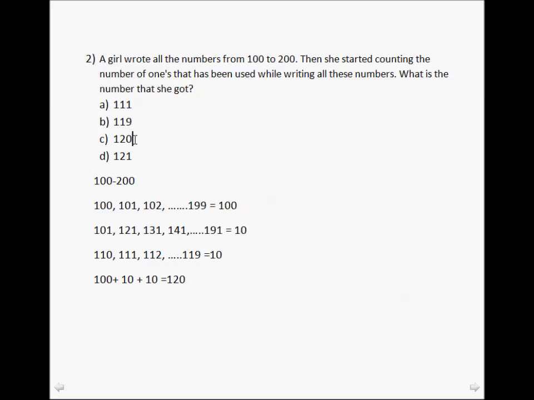So our answer would be 120. Approach is, you first see the hundreds digit, then you see the tens digit, and then you see the ones digit, or whatever you may find easy.